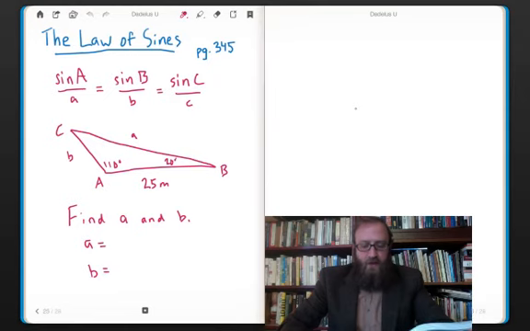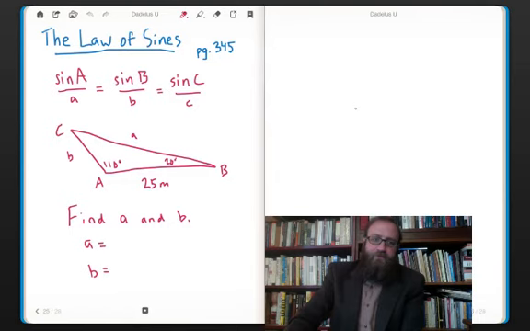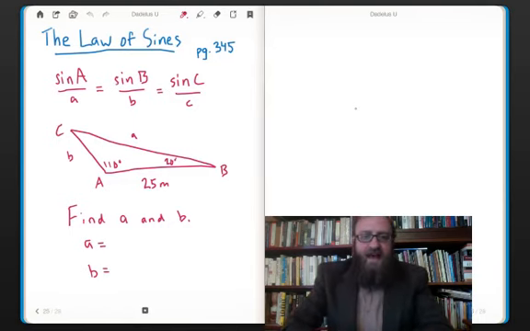So, for example, look at the triangle on page 345 and up here on the big board. You see we are given that side AB is 25 meters, angle A is 110, angle B is 20 degrees, and our task is to find A and B.